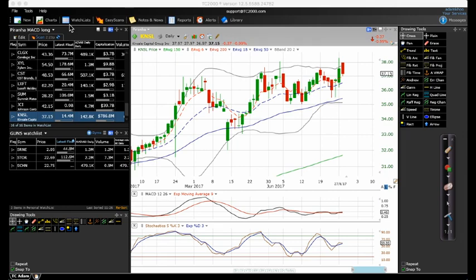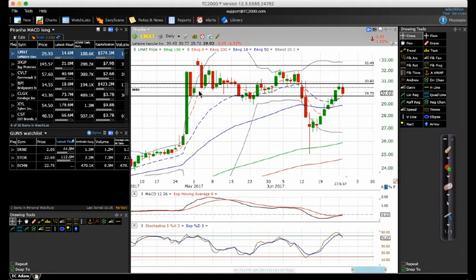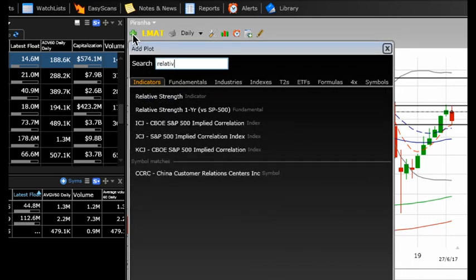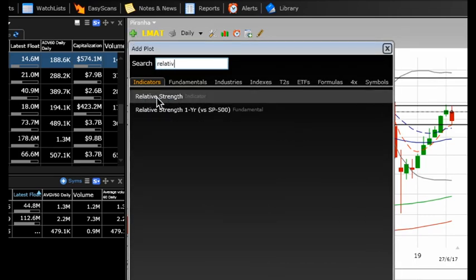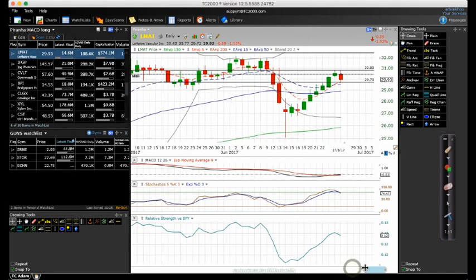All right, so I'm going to show you what I look at right now. Let's go back to LMAT. What I do is I look at relative strength. So I'm going to click on that. Click on relative strength. And I look at this over here.